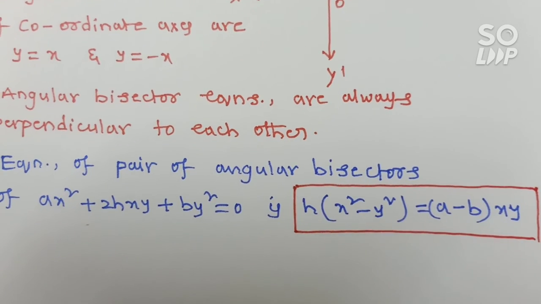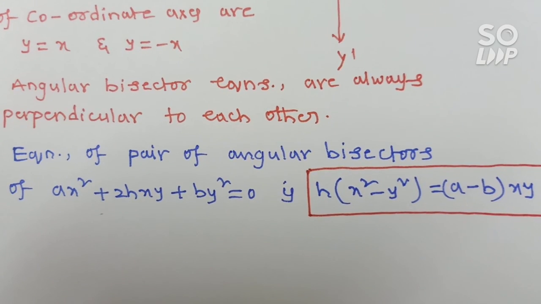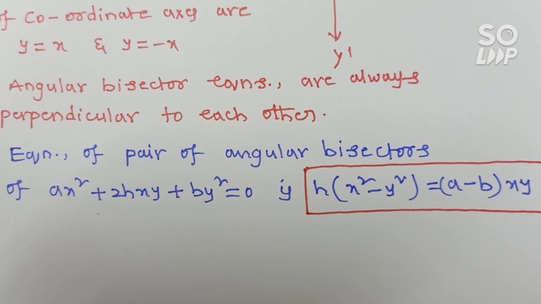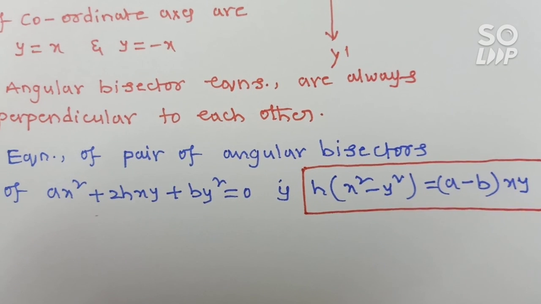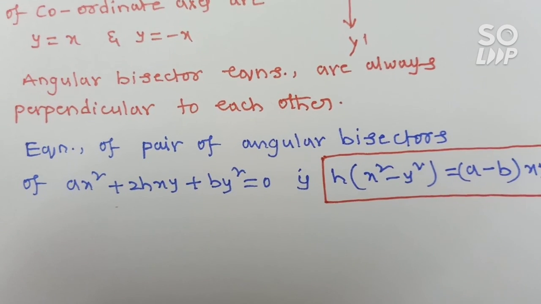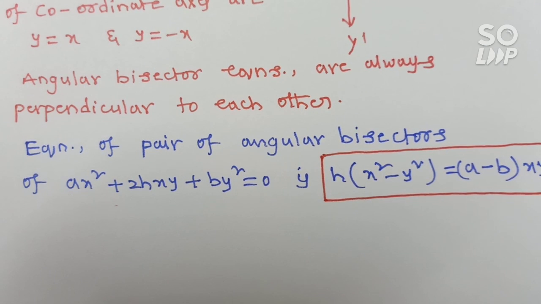Now next we will discuss another concept. What will be the other concept? Another point we will discuss: the equation of the bisectors of the angle between two lines which contain a given point. That means whether the given point lies on the angular bisector equations of the lines or not.